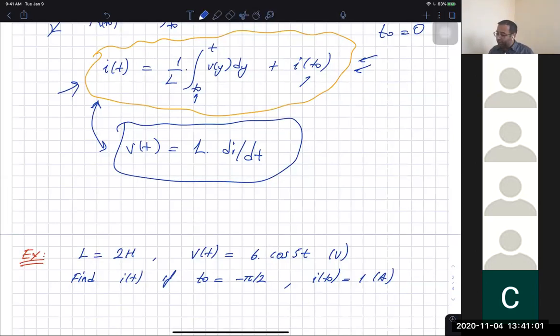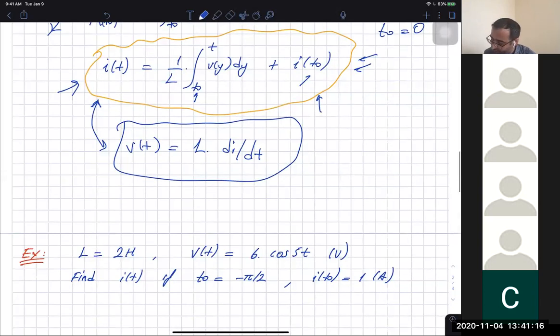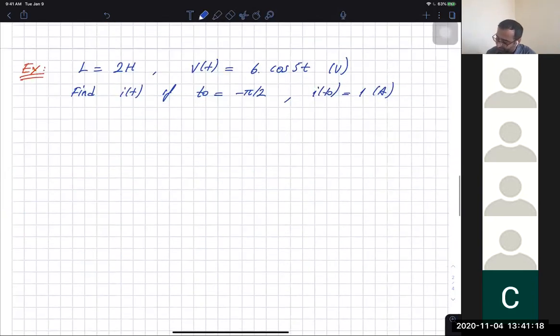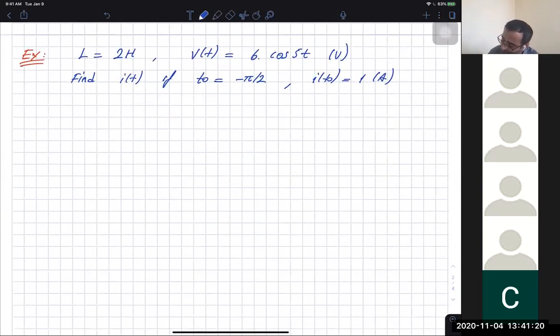We are given the initial current value at that time, so that is great. I think we have all necessary parameters to implement this function, right? So I will just plug them in and calculate the result. It will be very fast and very simple actually. Let's pick another color so that you can see the solution.